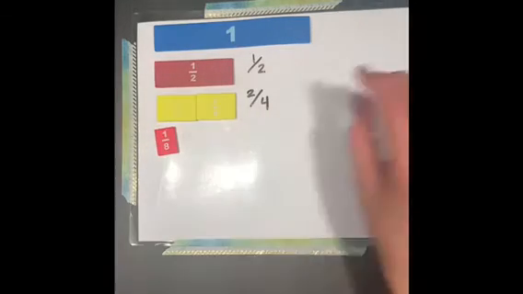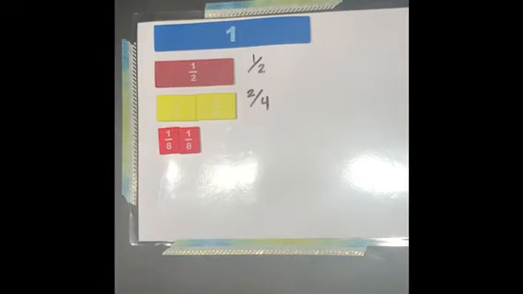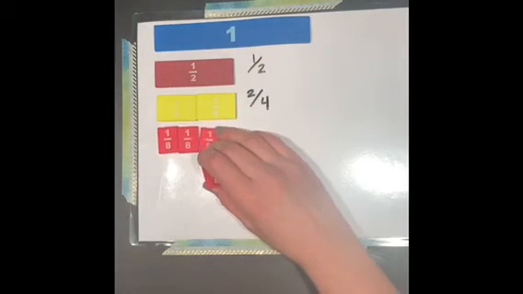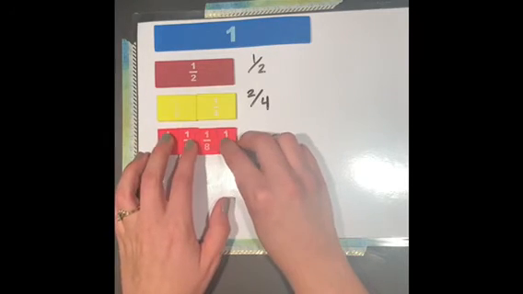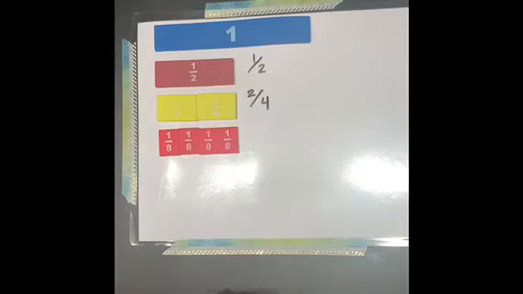1/8? Well, 1/8 looks like it's half of 1/4. But how many eighths do we need to be equivalent to 1/2? 1/8, 2/8, 3/8, and 4/8.